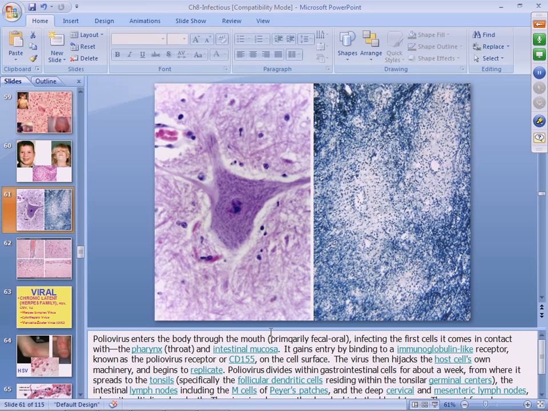The polio virus, even though we know it affects the anterior or ventral horn cells of the spinal cord, sort of preferentially, is primarily a virus that involves mostly lymphoid tissue and intestinal mucosa. So when the virus first comes in, you generally have a sore throat, like just about every type of viral infection.